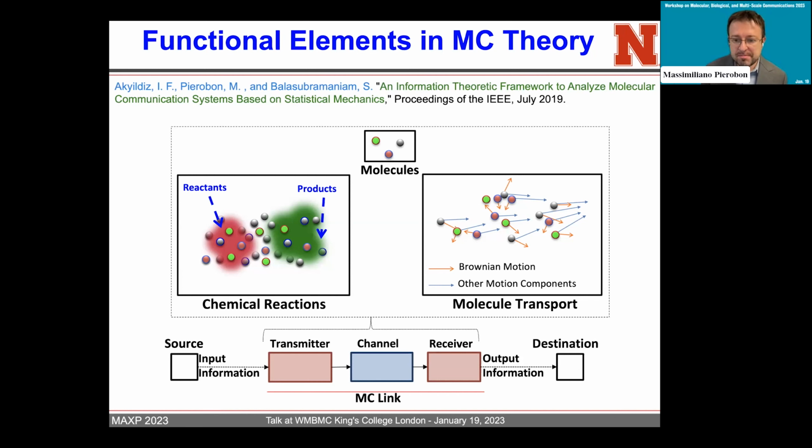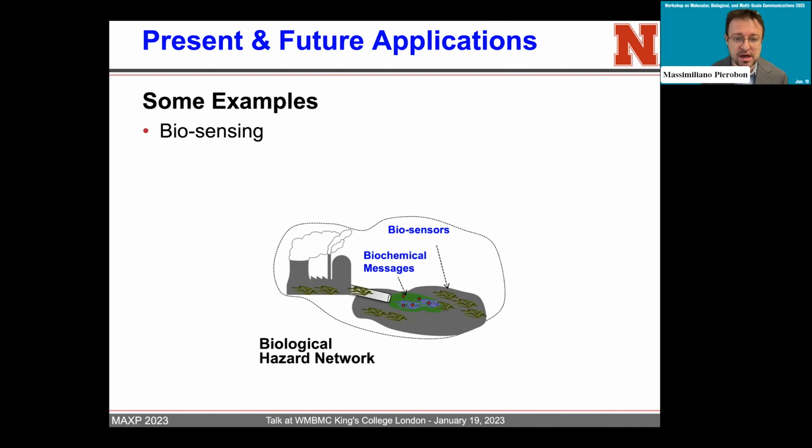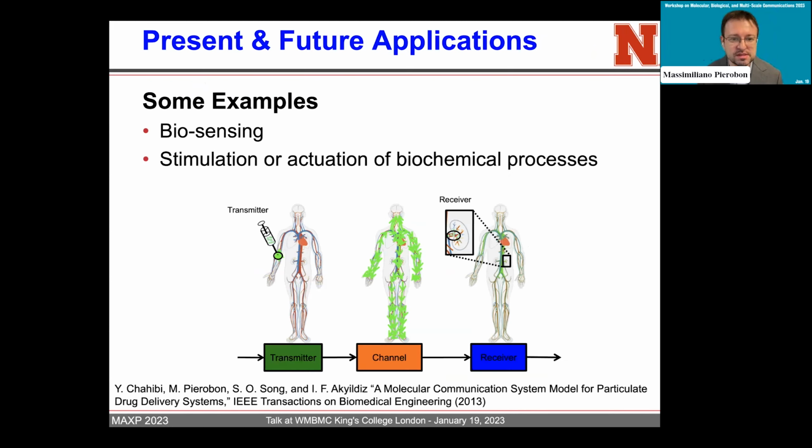So what are the benefits of studying such systems through a communication theory paradigm? Some examples of future applications are networks that can perform biosensing, so transposing our sensor networks into a molecular communication environment; stimulation of actuation on biochemical processes, even inside the body, and that's why one of the applications I'm personally working on in molecular communication is in medicine.